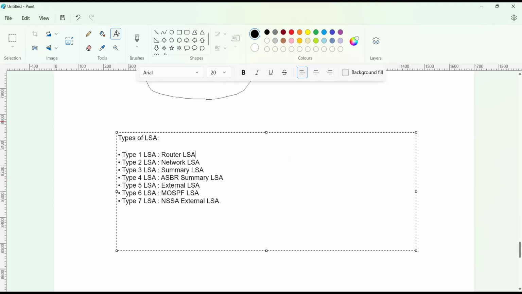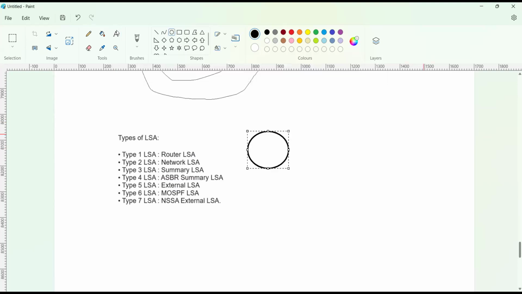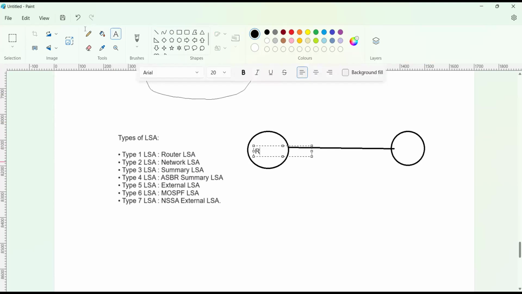I'll give a brief introduction and explanation. Router 1 and router 2. Every router has its own LSA, which we call a router LSA.